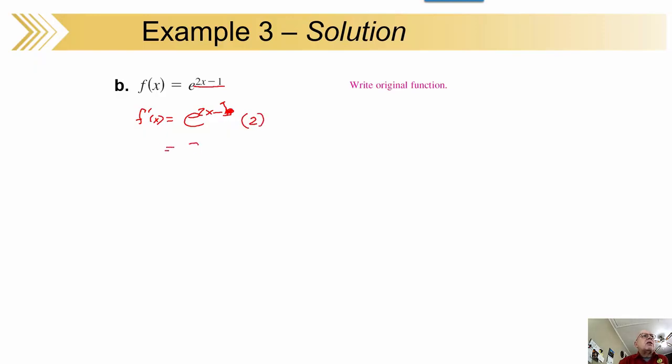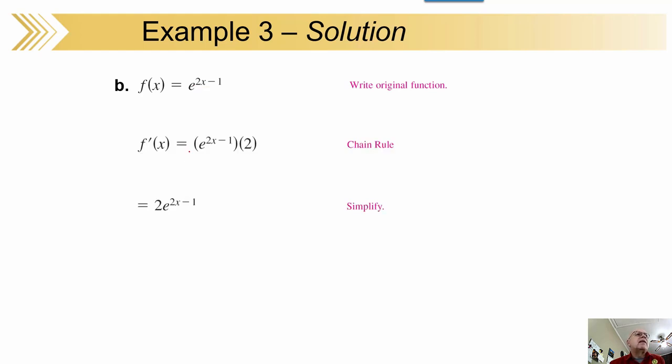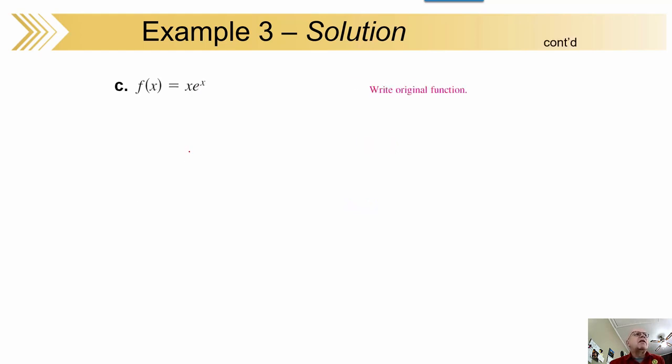We have 2e to 2x minus 1. Do a few of these and you can get pretty quick at finding derivatives with the natural function. There's our chain rule. And that is it, simplified.